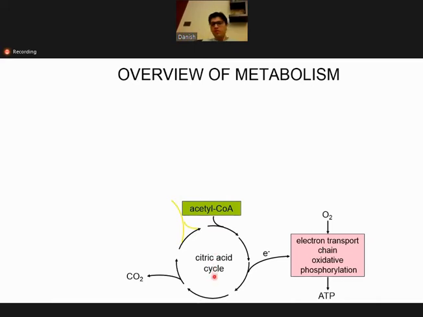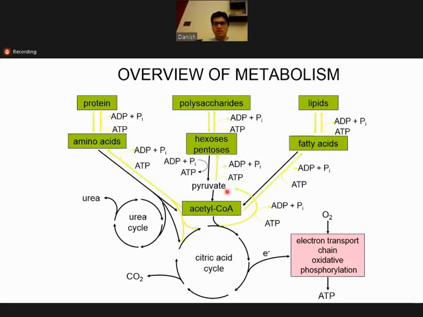These reducing equivalents like NADH and FADH carry the energy to the electron transport chain, which accepts the protons and electrons and forms the energy. Now, acetyl-CoA is the common intermediate metabolite, contributed not only by carbohydrates but also by amino acids and fatty acids.